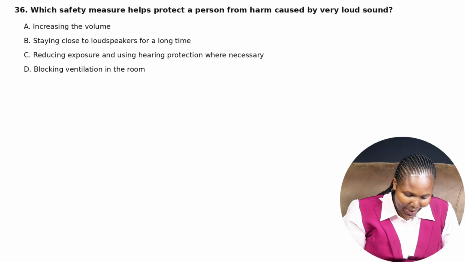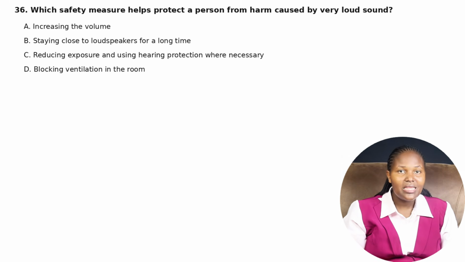Then question number 36. Which safety measure helps to protect a person from harm caused by very loud sound? We have A, increasing the volume, B, staying close to loudspeakers for a long time, C, reducing exposure and using hearing protection where necessary, and D, blocking ventilation in the room.